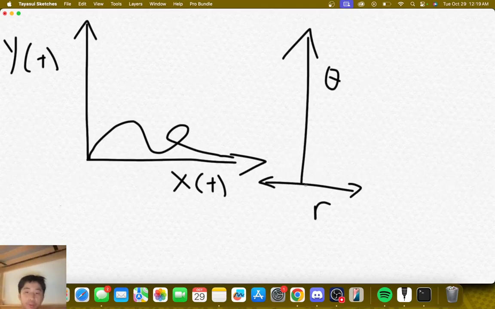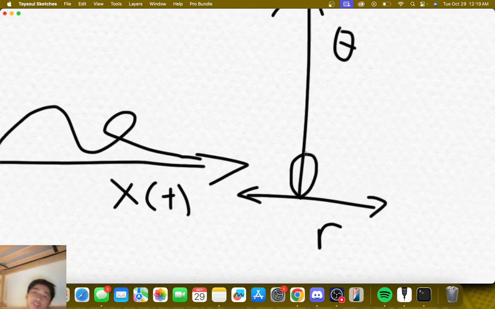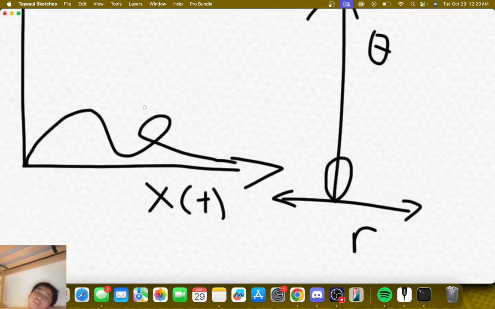Now, how are you supposed to get an equation? How are you supposed to get the length of this, or even this?